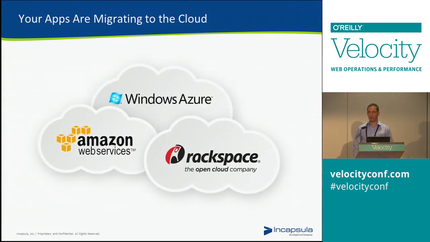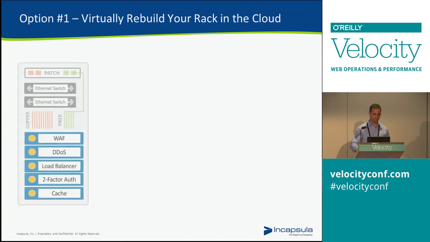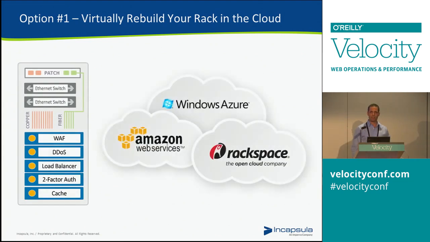So probably many of the apps of people sitting here in this room are currently hosted in some kind of cloud platform, whether it's Amazon, Windows Azure, Rackspace, etc. But moving your applications to the cloud also poses difficulties. For example, how do you take all the pile of appliances that I just showed you and move them to the cloud together with your applications?